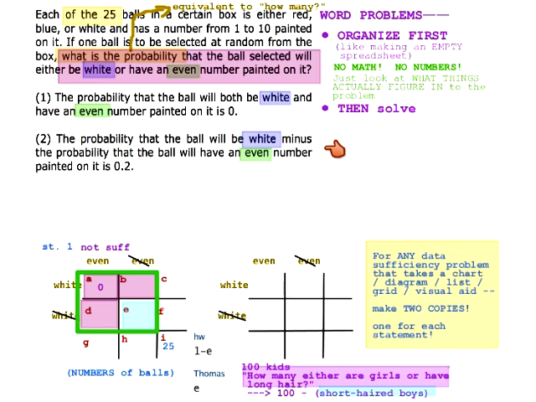What does statement 2 mean about numbers of balls, count numbers? That's a thing, and what is equal to that thing?